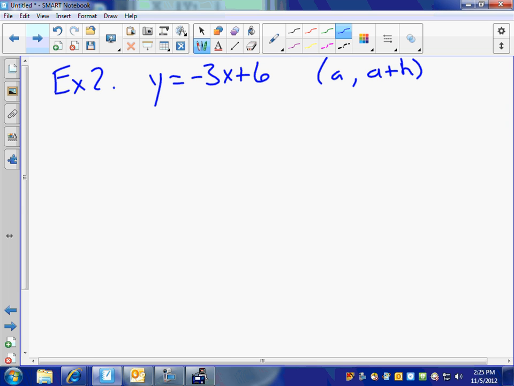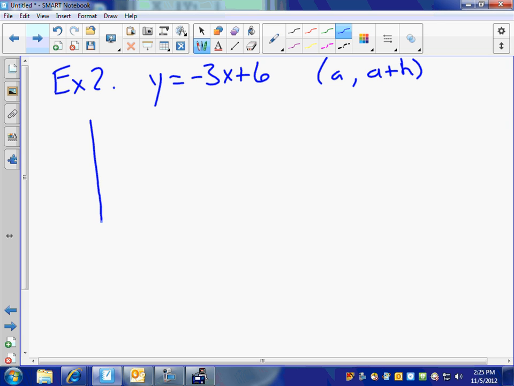We're going to do -3x plus 6. We're going to find the average rate of change of that. And we're going to do it over the interval a to a plus h. Now, the reason why we're doing this is so that calculus next year will be easier for you. Okay? So I want you to understand this piece.